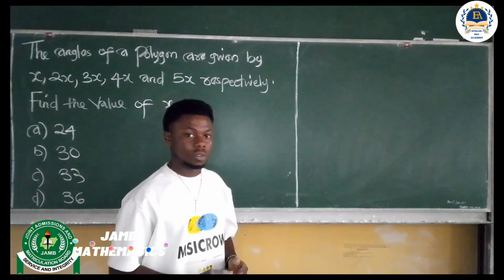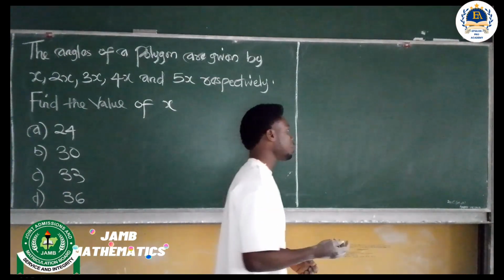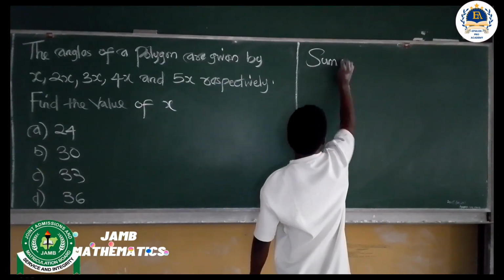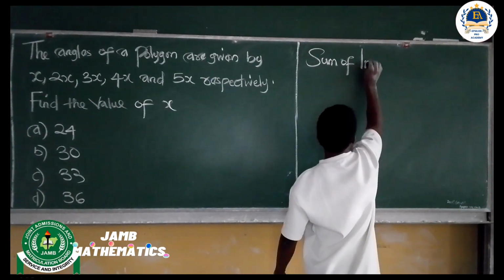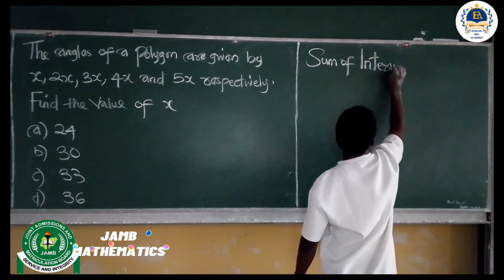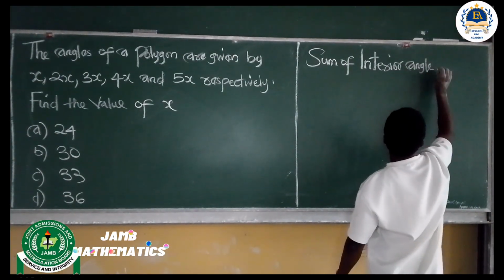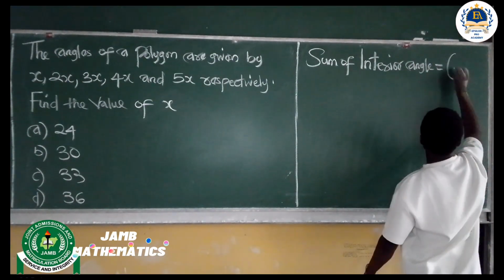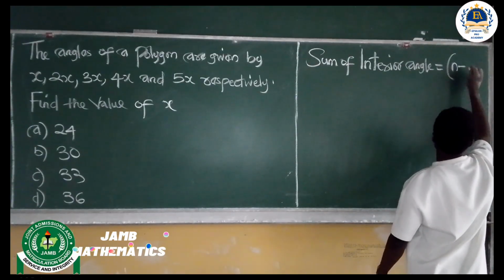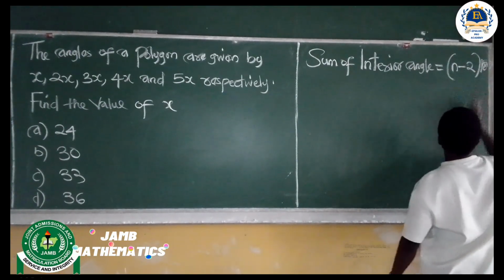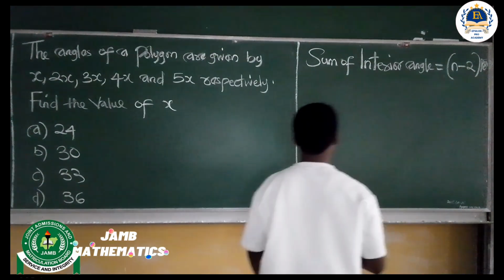The formula for the sum of interior angles in every polygon is given as: sum of interior angles is equal to n minus 2 times 180.